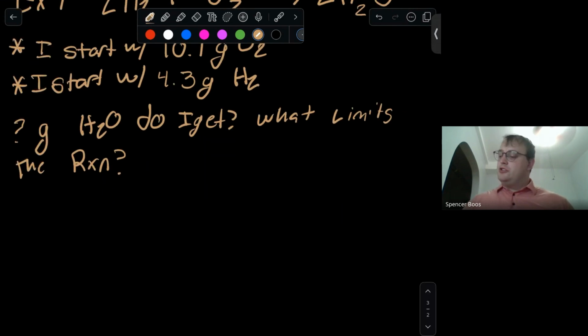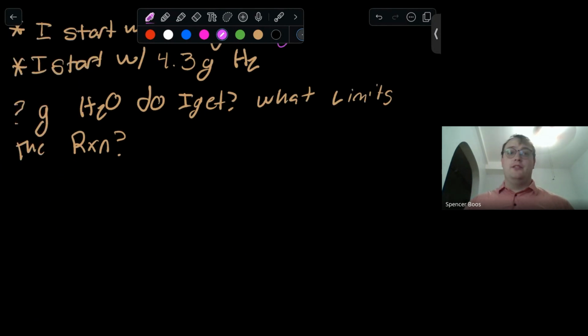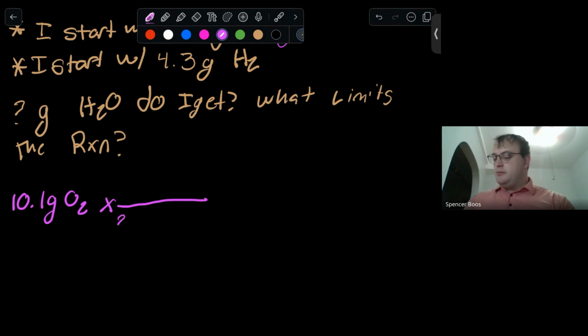Now, let's just start here with our 10.1 grams of O2. Our first step is we multiply with the molar mass on bottom, 32.0 grams of O2. That's for every 1 mole of O2.